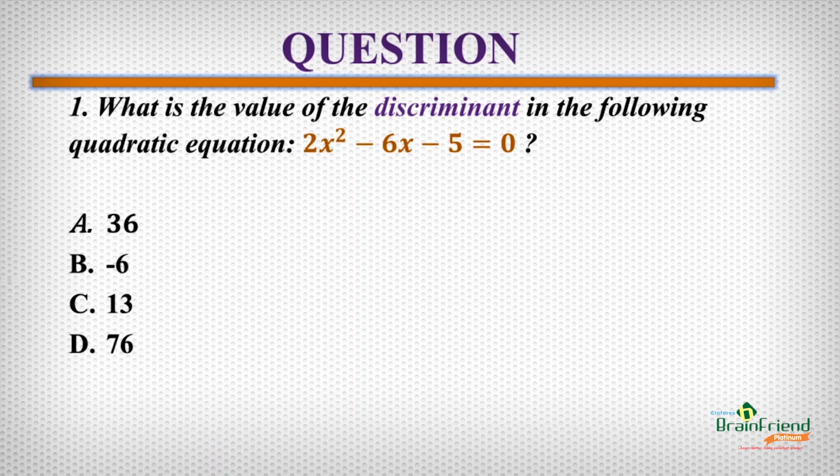Question 1. What is the value of the discriminant in the following quadratic equation? 2x² - 6x - 5 = 0. A, 36. B, -6. C, 13. D, 76. Which of them is the answer?